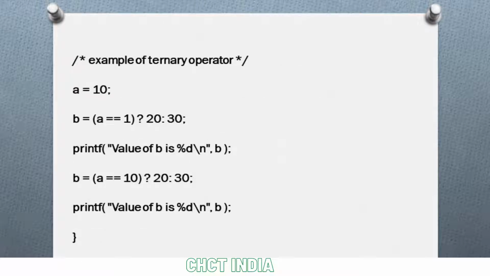Now variable A is assigned a value 10. Next is a ternary operator, in which value of A is checked. Is A equal to 1, or is the value 20 or 30?